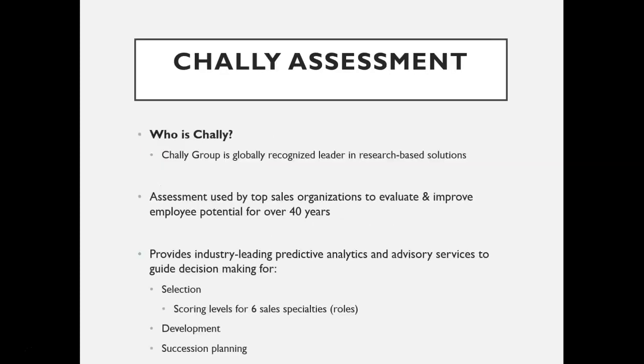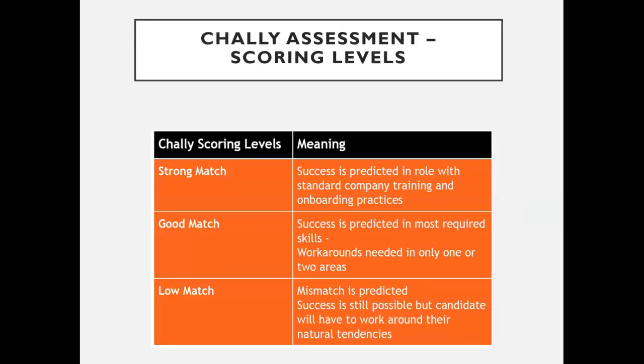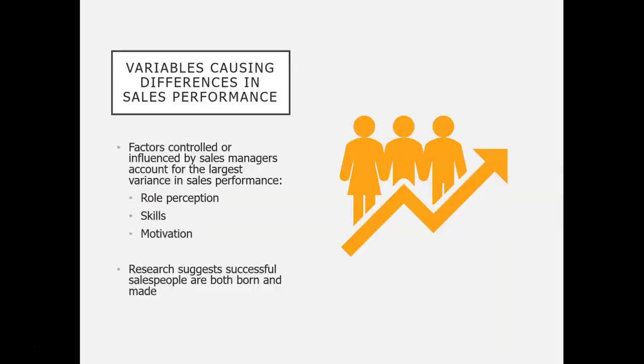So one example is Charlie, and I'll let you go through these on your own because I want to keep these videos pretty minimal. You can go through this, they're in the slides. But different factors causing differential performance, role perception. So what does that mean?